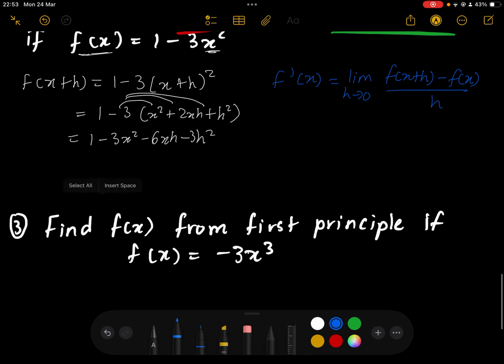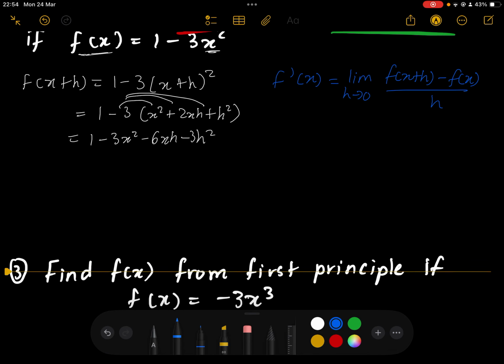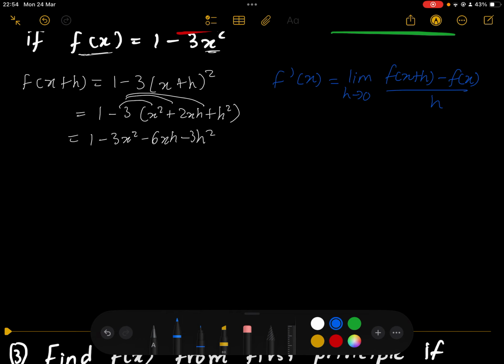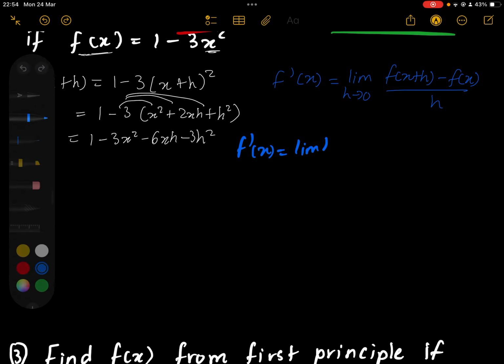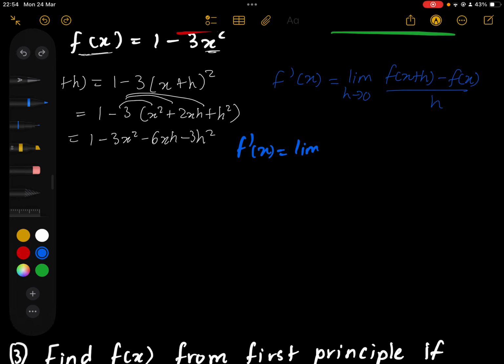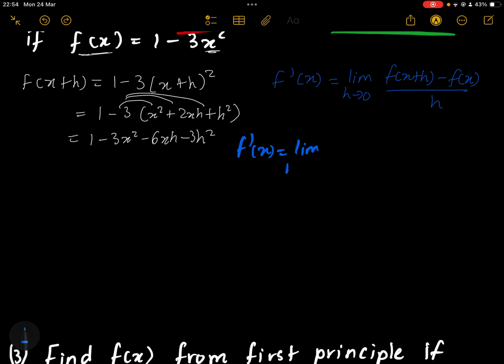Let me create some space here for us to write, because these are the following examples. So it's the limit as h goes to 0 with f(x plus h).